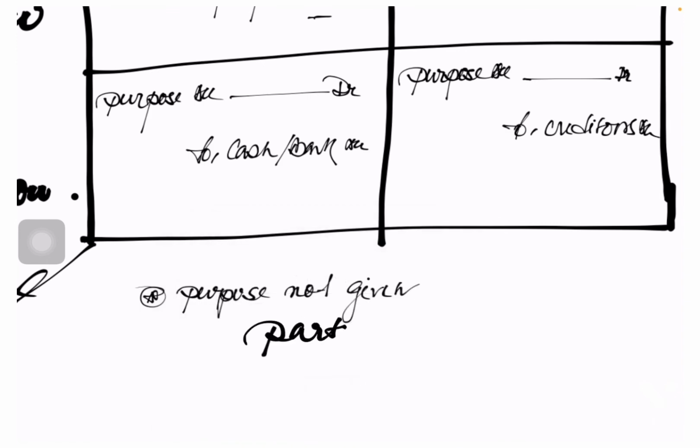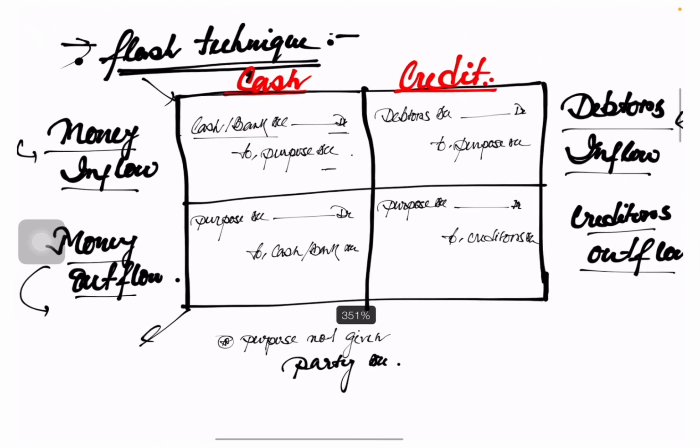Party, the person, from whom money was received or to whom money was given. Primarily we have to focus on the purpose, not the person. Primarily we have to look at the right purpose: why we are receiving or spending the money. If the purpose is not given, then party.